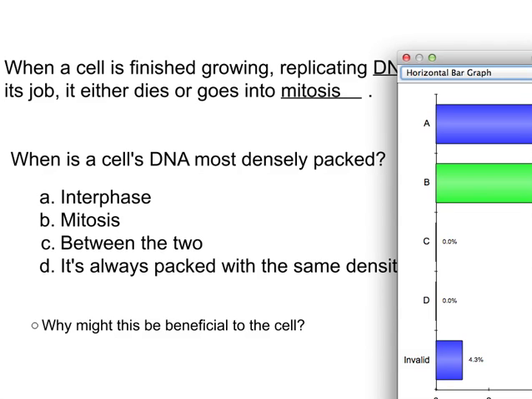Derek, can you set that down, please? Thank you. So it is important for the DNA to be unraveled during interphase so that it can be used. That's why it's less dense. But when it's in mitosis, it's all bound up tightly and wrapped up so that it can be moved in an organized fashion. Okay?